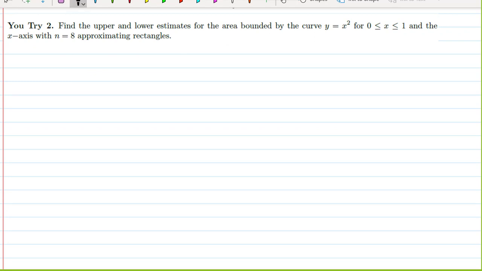So we want to try to make this as efficient as possible, and we're trying to use n equals 8 approximating rectangles for the values between 0 and 1, right? So we know we need to subdivide this into 8 equal parts.